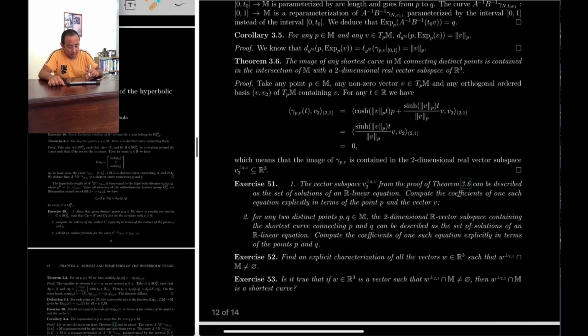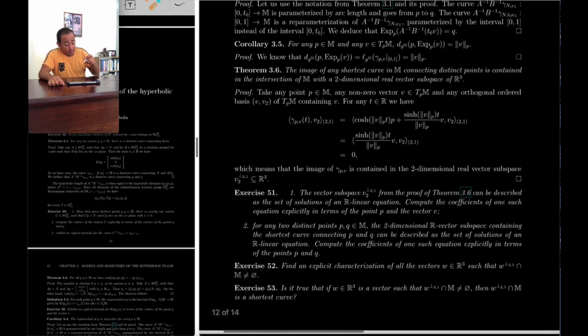Okay, and then the next exercise is the following. So we have seen that every shortest curve is contained in a Minkowski orthogonal, right? So this means that certain subspaces, the subspaces of this form for V2 in the tangent plane at some point, intersect the hyperboloid, right?